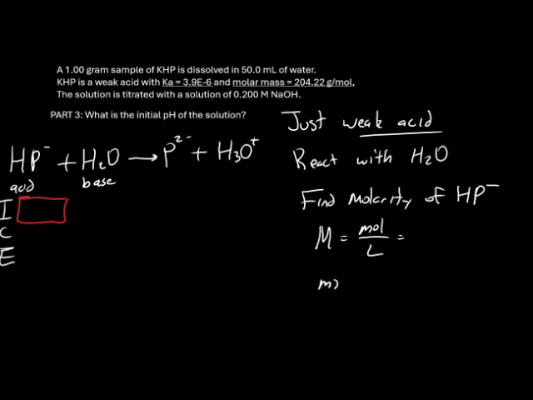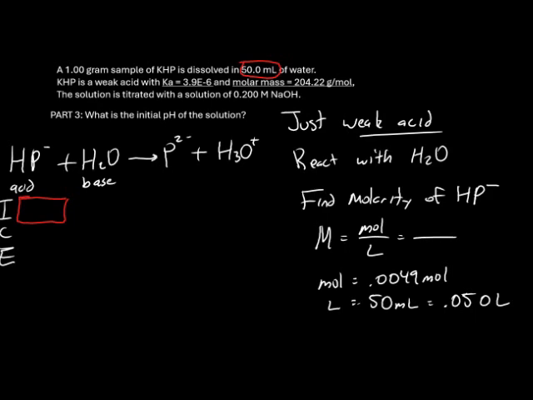Just as a reminder, the moles we found in that part were 0.0049 moles. The liters are effectively given in the problem. Notice that we were given 50 milliliters. If we move the decimal point left 3 times, we'll end up with 0.050 liters.